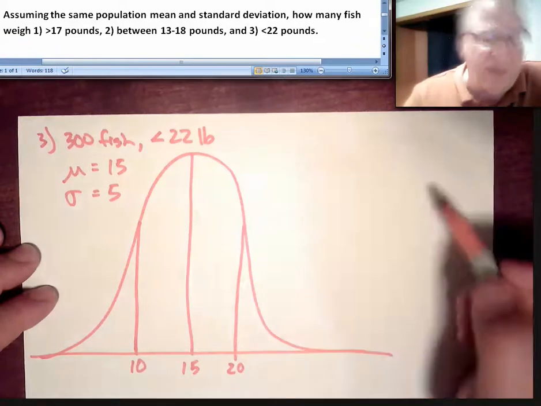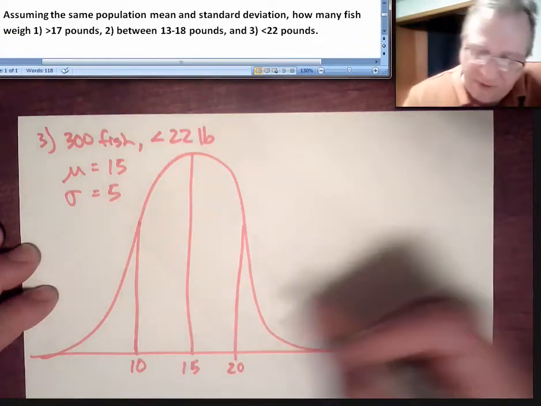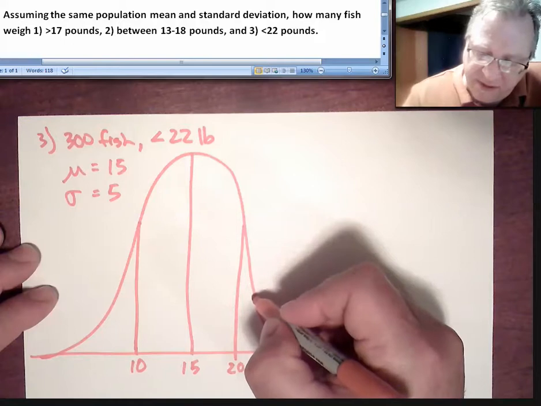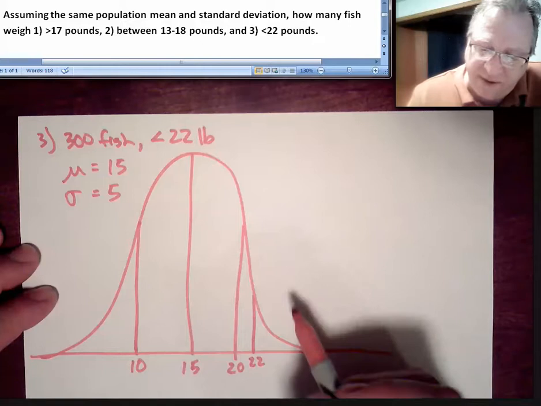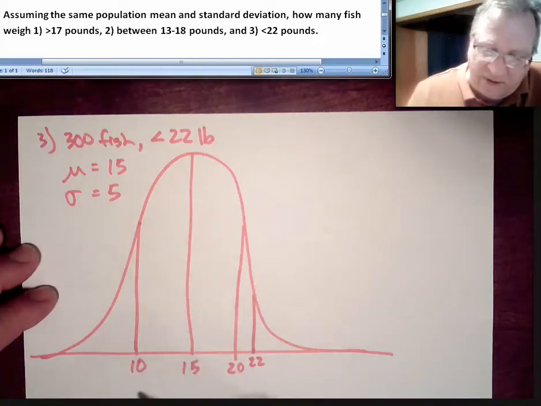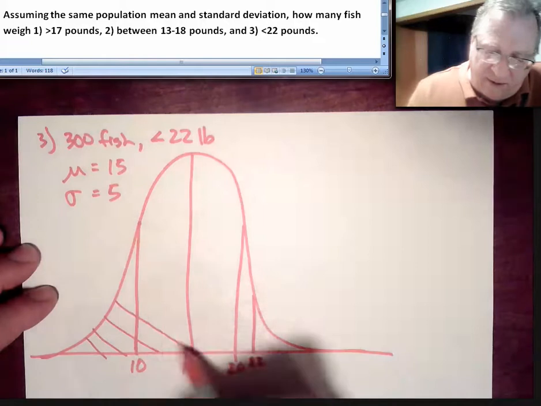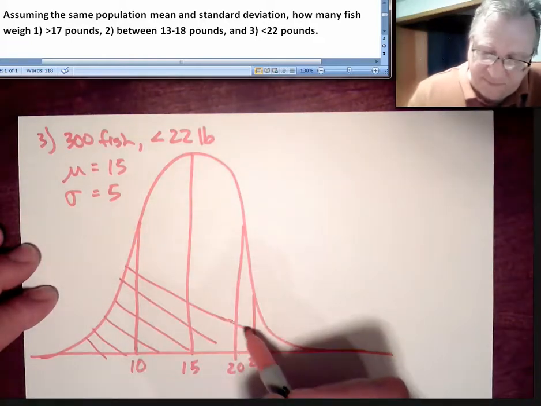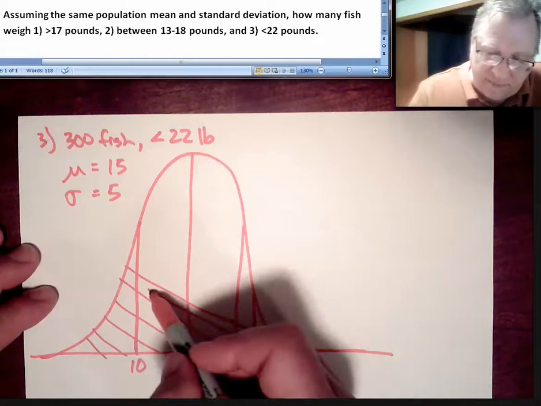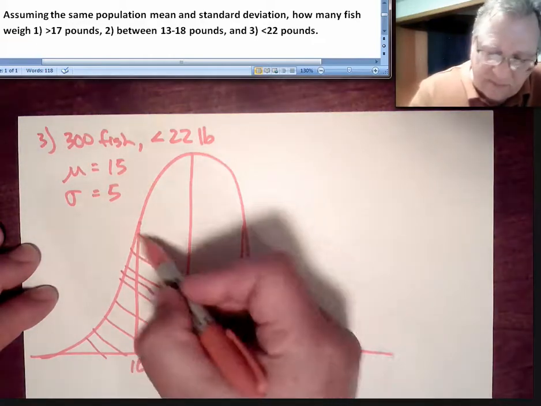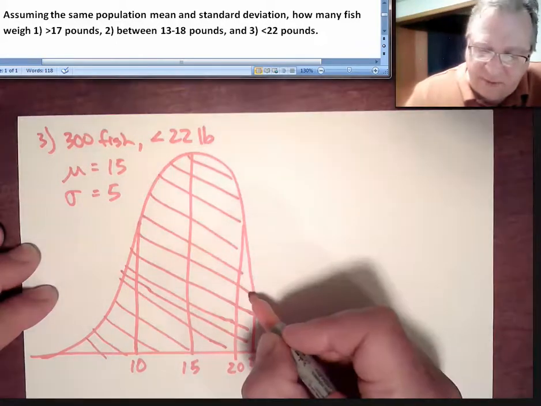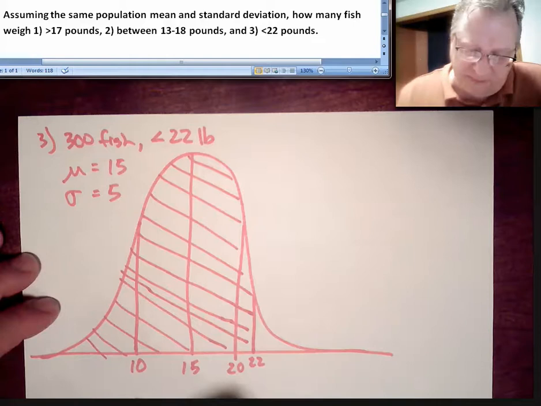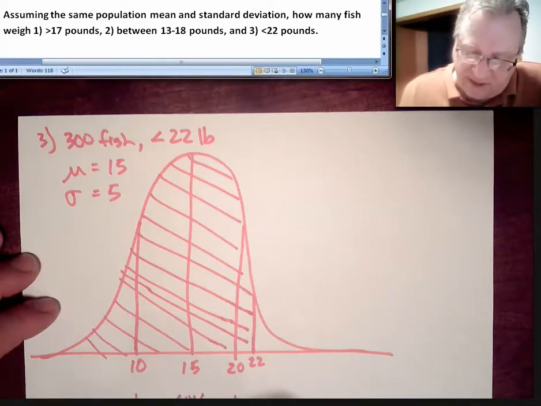We want to know how many fish are less than 22 pounds. Well, where's 22 going to fall? It's going to be somewhere out here. It's going to be 22 pounds. And so we want, wow, a big area. We want all this area. Let's think about this for a second. We know that that's 68% of the area, right?